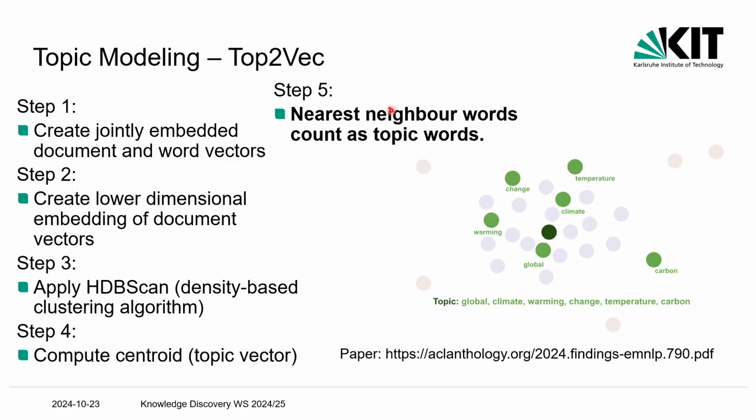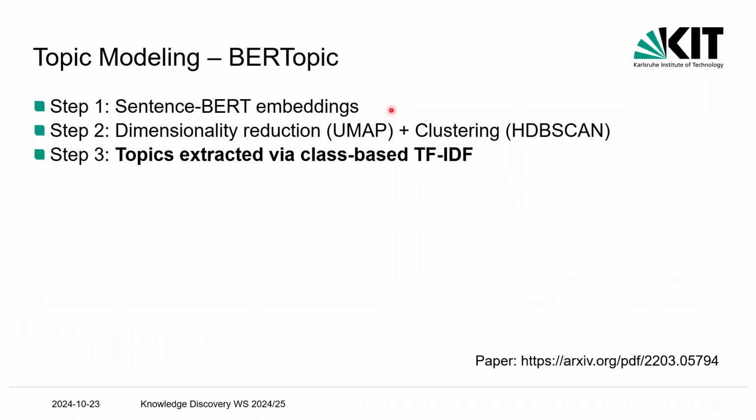Now, that's it for Top2Vec. There is a different approach that I'll show very shortly. It's called BERTopic. It's relatively similar in idea to Top2Vec, with a bit of a difference towards the end, but they also use embeddings.